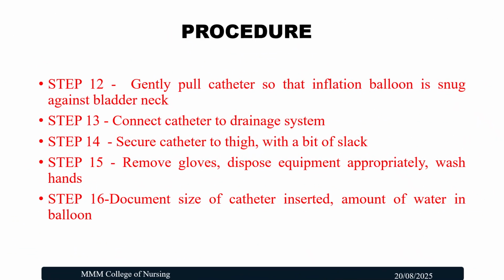Then gently pull the catheter so that the inflated balloon is snug against the bladder neck, and connect the catheter to the drainage system. Secure the catheter to the thigh with a bit of slack, remove the gloves, dispose of equipment appropriately, wash the hands, and document the size of the catheter inserted and the amount of water in the balloon.